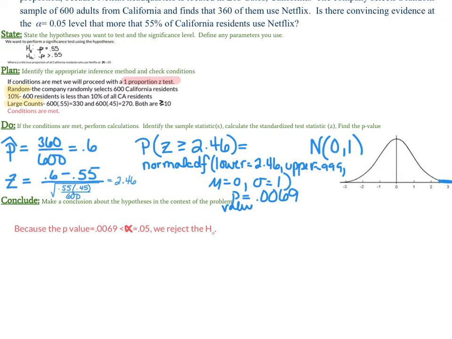Which means that we do have convincing evidence for the alternative. And I'm going to state that in context and making sure that I'm talking about my parameter as I do that. So we have convincing evidence that p, which was the true proportion of California residents who use Netflix, is greater than, we said 0.55 in our alternative.